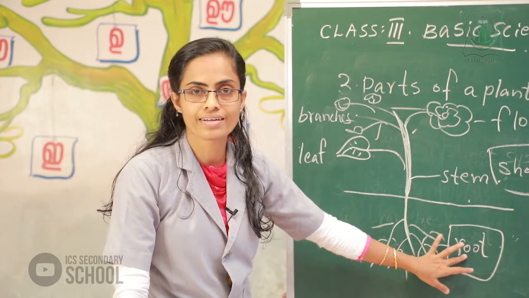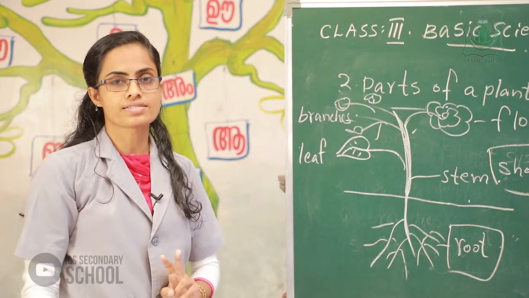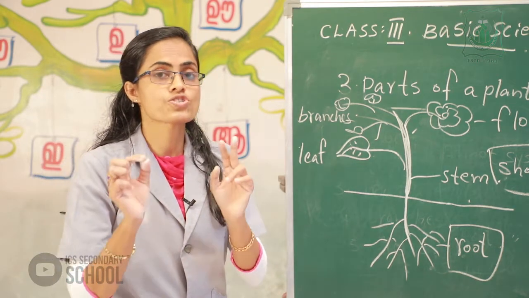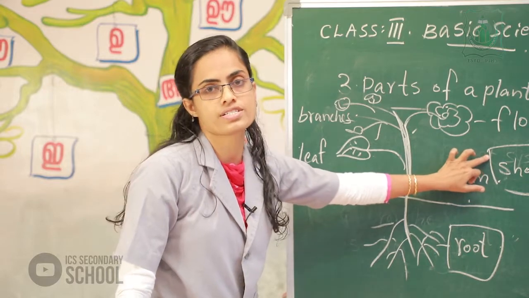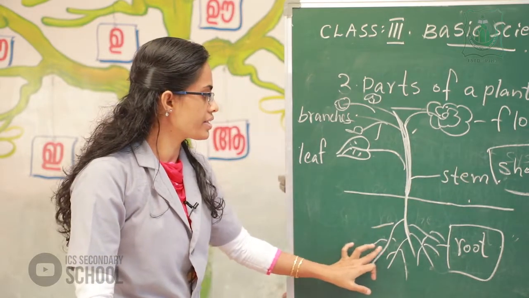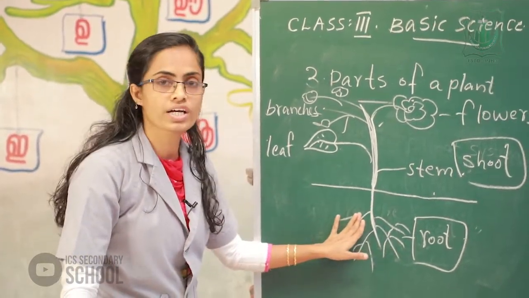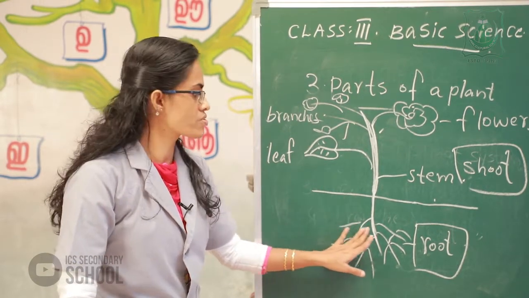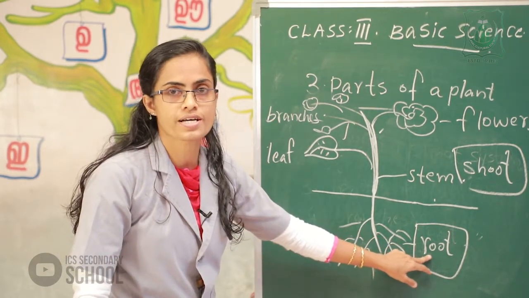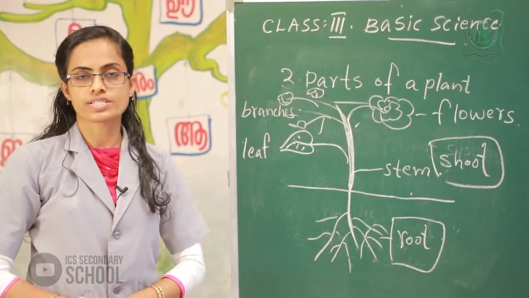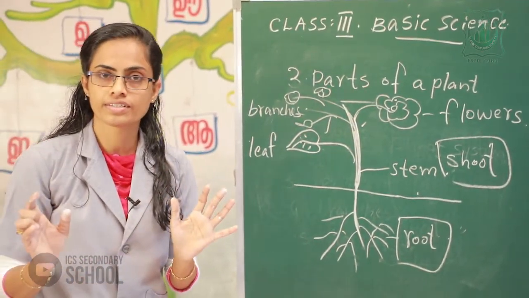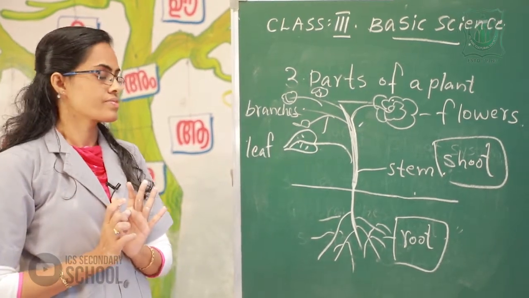All of you clear? There are two parts. The part which grows below the ground is called root system, and above the ground is called shoot system. All of you clear? Clear? Yes.